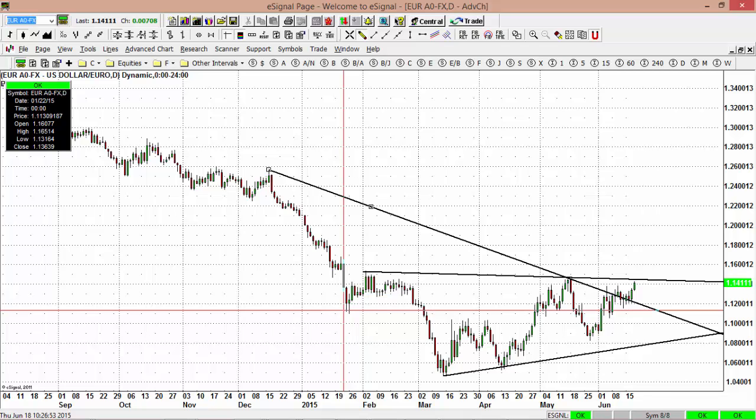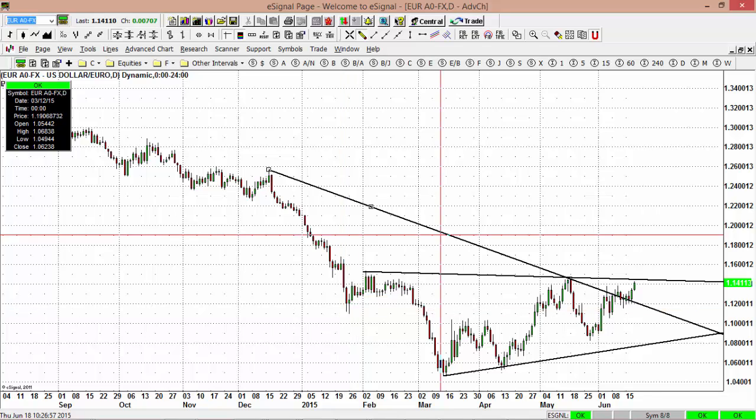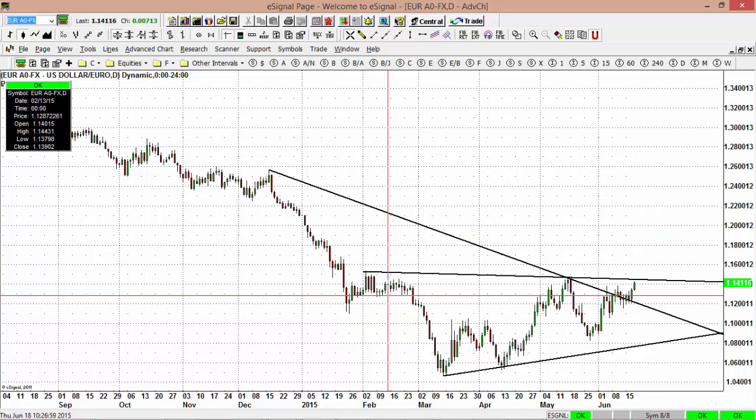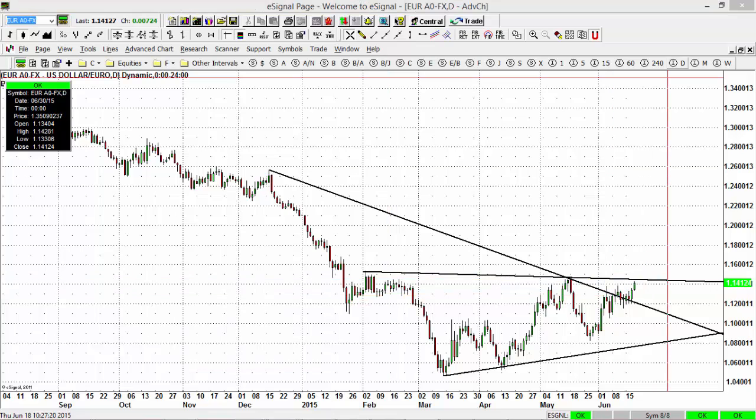So the next area of defense on the euro is at this trend line here, the second trend line. If we break above these levels, then that will confirm the turnaround, and we could see a rally up to 118 or even 120 in the near term. So that's what's happening in the euro.